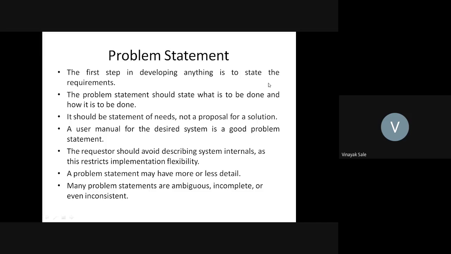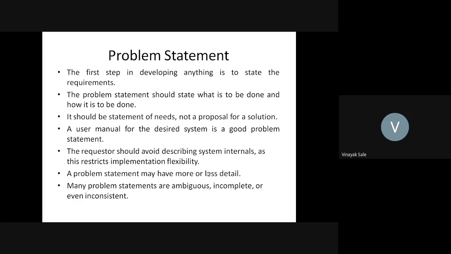Let us start with the first step, that is, the problem statement. This is the first step in developing anything: to state the requirements. Whenever you are doing any program, any project, or solving any question, you should know what the problem statement is and what the basic requirements are.